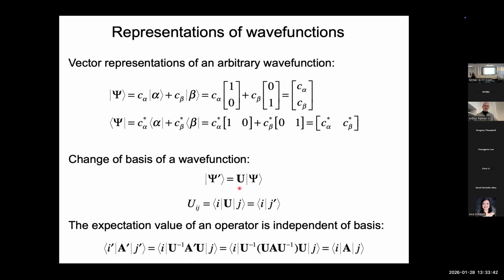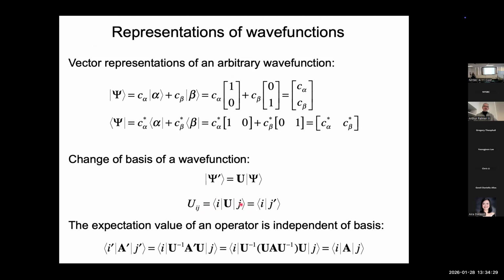And if we transform with, again, a unitary matrix, we just do the transformation here by multiplying by U. This matrix U has what would be called its matrix representation, in which a given element, U sub ij, would be given by this recipe, where we multiply on the left by the bra i and on the right by the ket j.